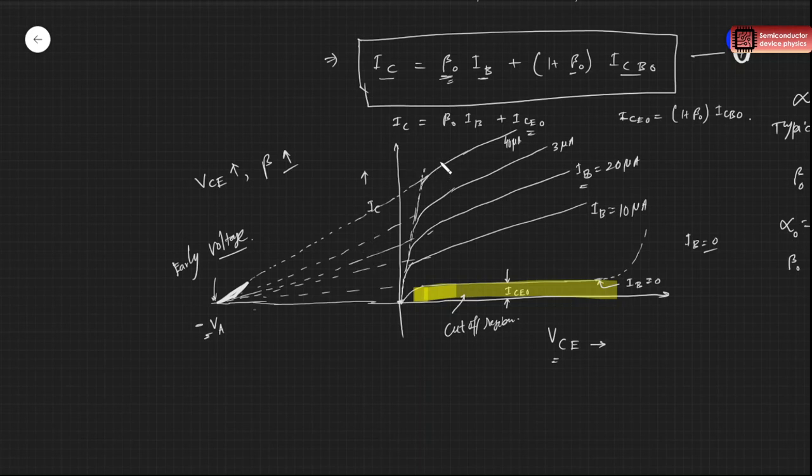And exactly if you see that, this line defines that the VCE equals 0.